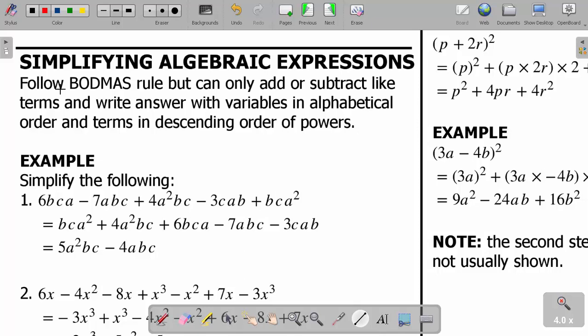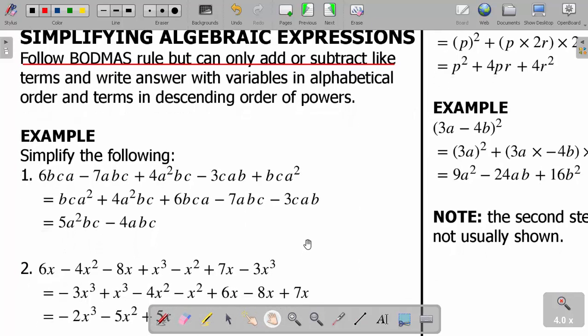So if we are simplifying and we use BODMAS, we can only add or subtract like terms. Don't forget what like terms are. They have the same variables like we talked about, but they may have different coefficients.